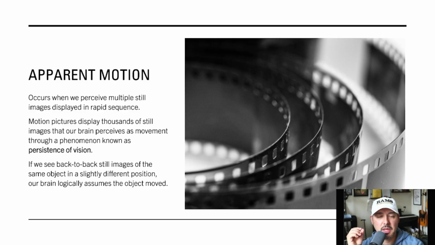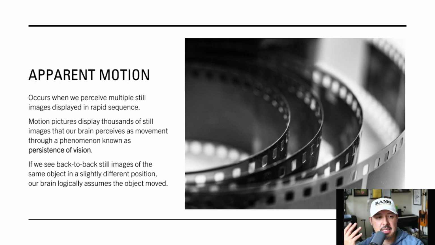Motion pictures display, if you've ever seen a film strip, thousands of still images running through a projector, or being flashed onto a screen, that your brain perceives as movement. It's like a flip book. Have you ever seen a flip book? Similar images are drawn, you flip through it, and it looks like something is actually happening.